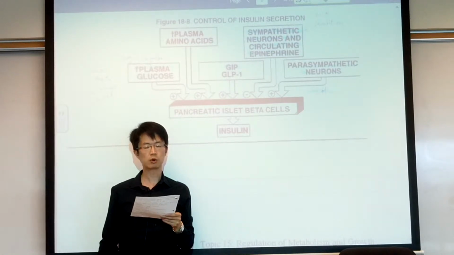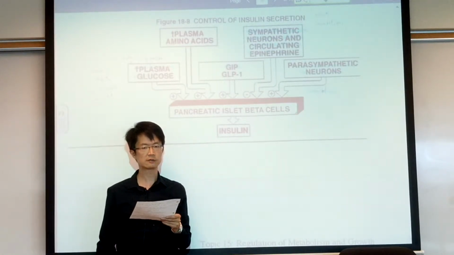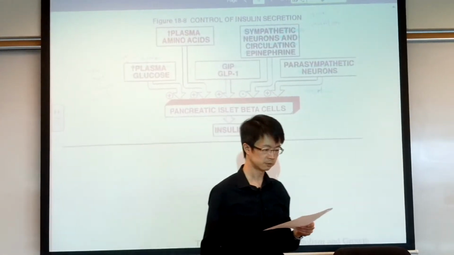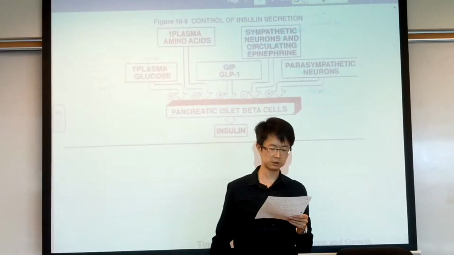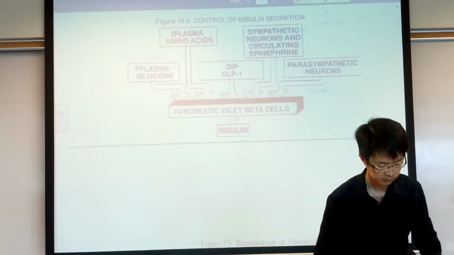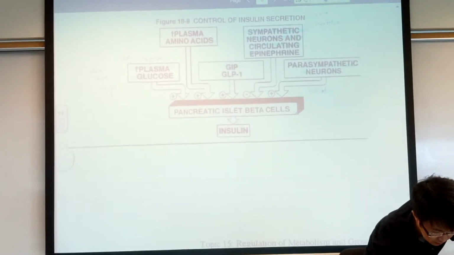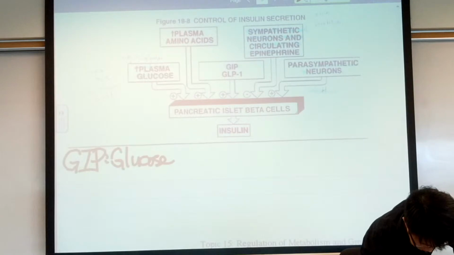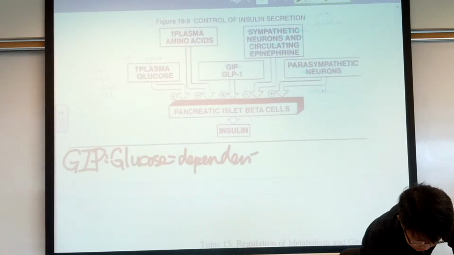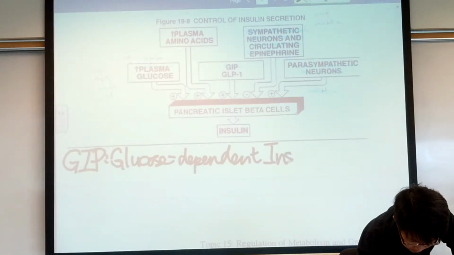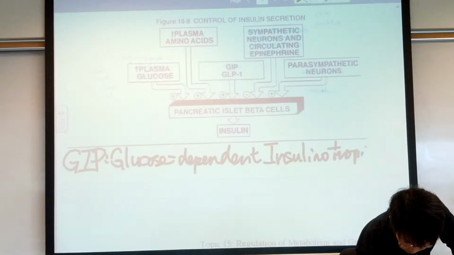And GIP stands for glucose-dependent insulinotropic peptide.